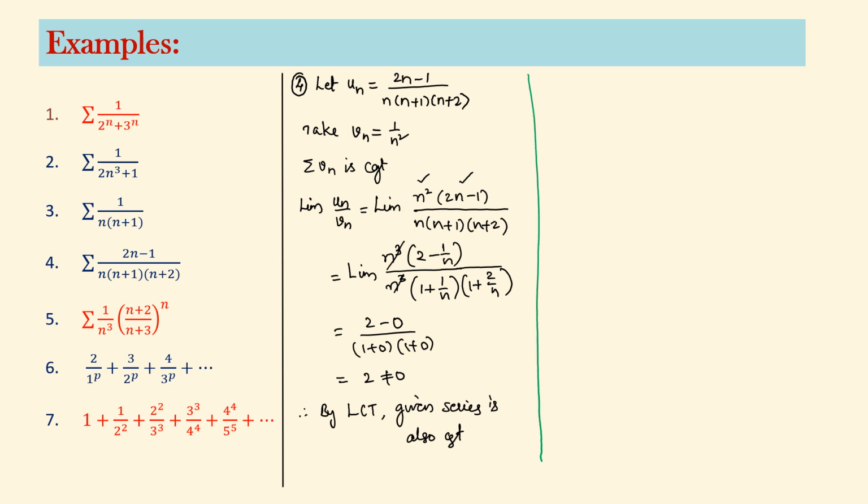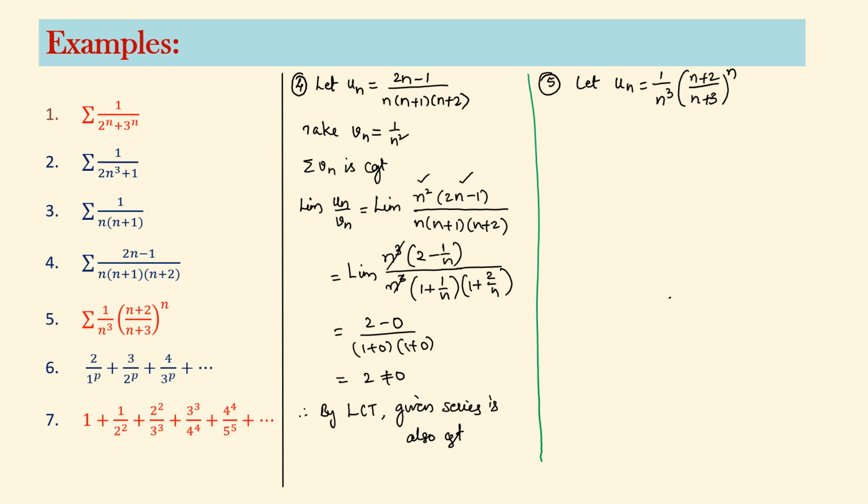The next question, fifth one. So here let Un be equal to 1 by n cube into ((n plus 2) by (n plus 3)) power n.